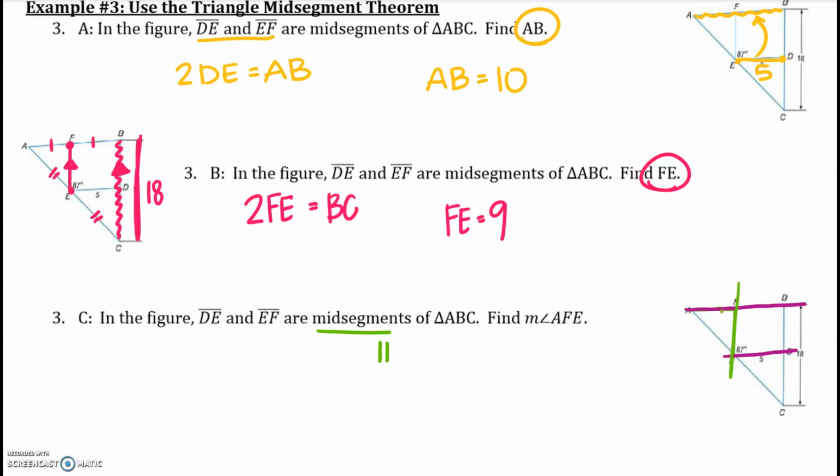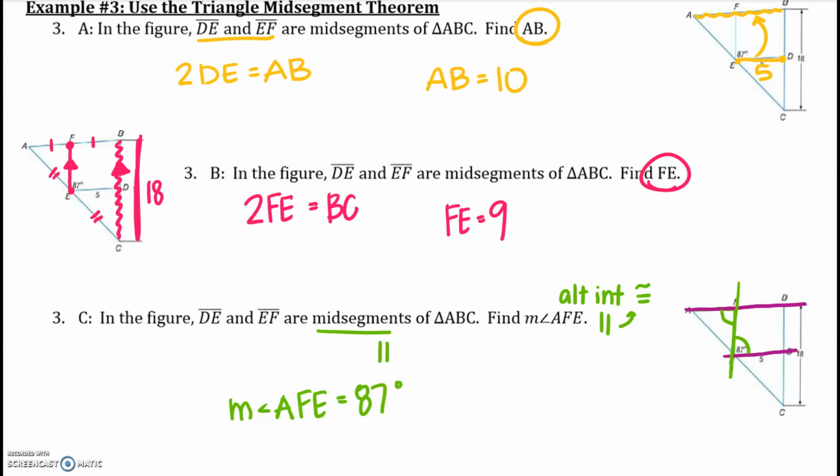So if I'm looking at this angle, I know that those two green angles are alternate interiors, and because of the parallel lines, I know that alternate interior angles are congruent. So because the angle at D is 87, I know that the measure of angle AFE is also 87 degrees.